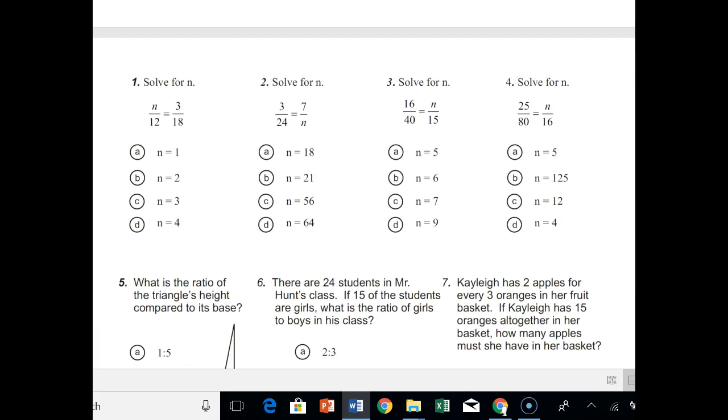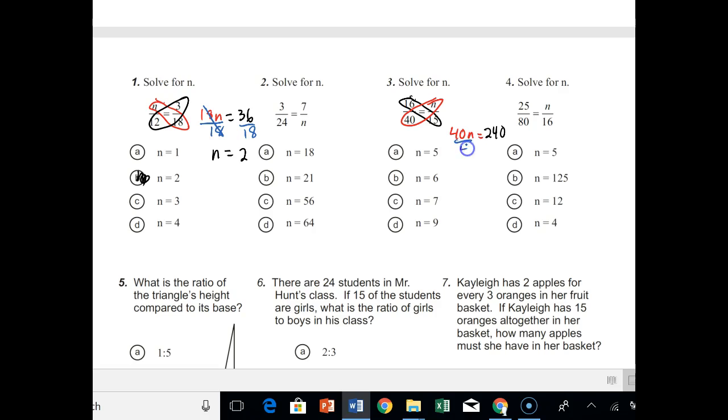All right, on the back, it should be very simple. Basically, you're just cross-multiplying and solving for the missing variable. So this one we have 18n equals 36. We'll divide both sides by 18. Those cancel off. So we got n is equal to 36 divided by 18 is 2. B. For number 3, again, cross multiplying here. And we'll have 40n equal to 240.